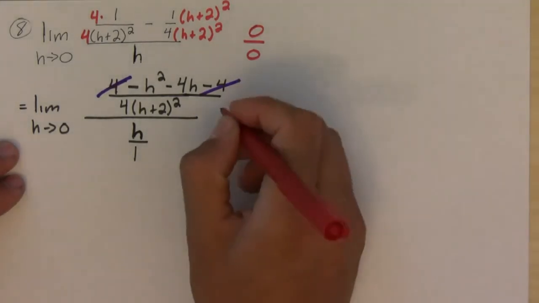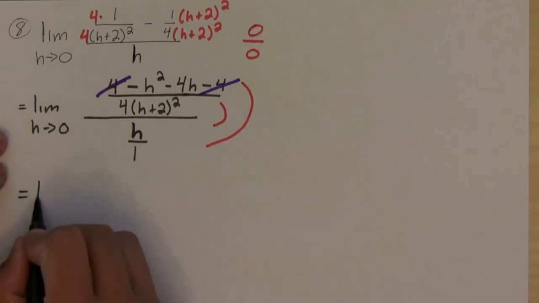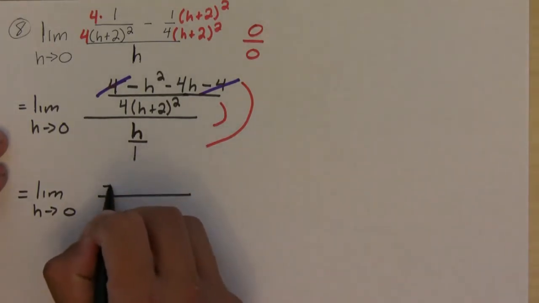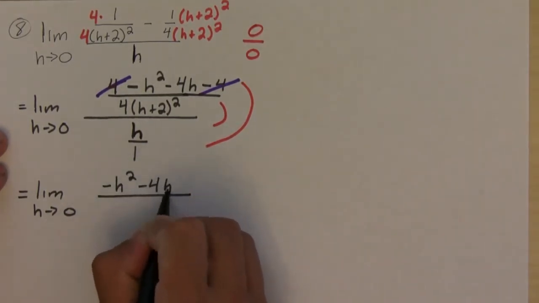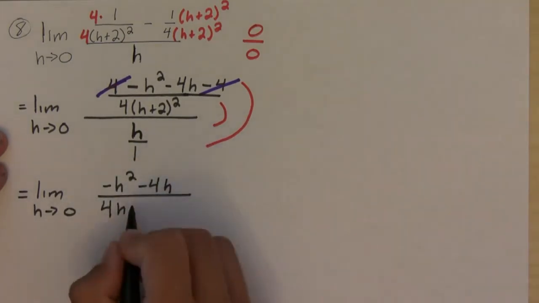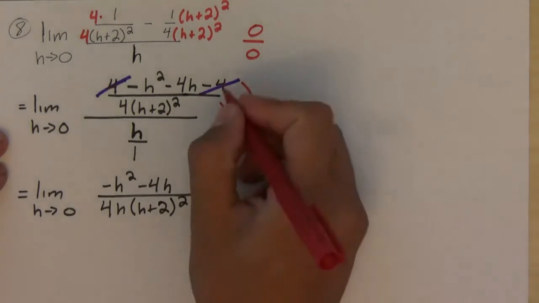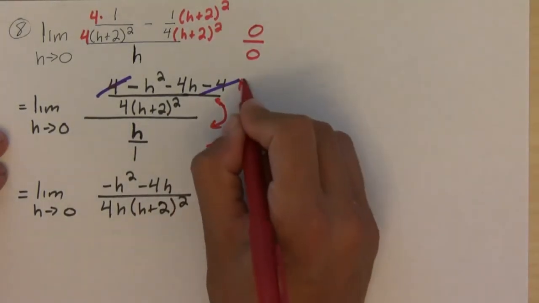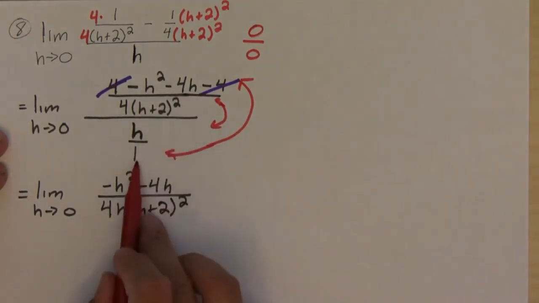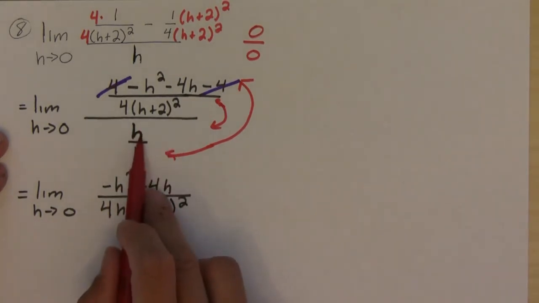And if I use the law of the tortilla, I get that this is equal to the limit as h approaches 0 of minus h squared minus 4h over 4h times h plus 2 squared. Basically what happened is I multiplied negative h squared minus 4h times 1, that goes on top, and then 4 times h plus 2 squared times h goes on the bottom.